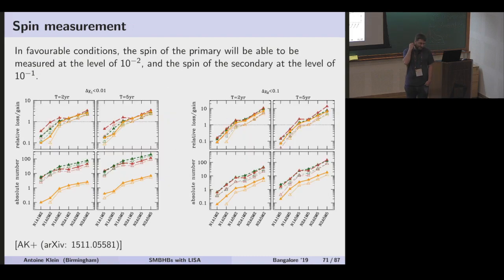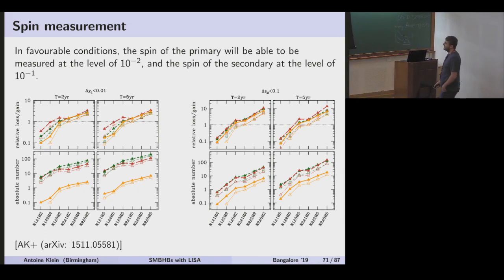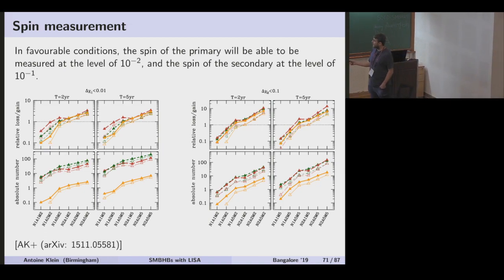Right. So can we measure the spins? Yes, yes we can. Unfavorable conditions though. But the spin of the primary, so the most massive black hole, we can measure quite a few times to better than 1% precision.